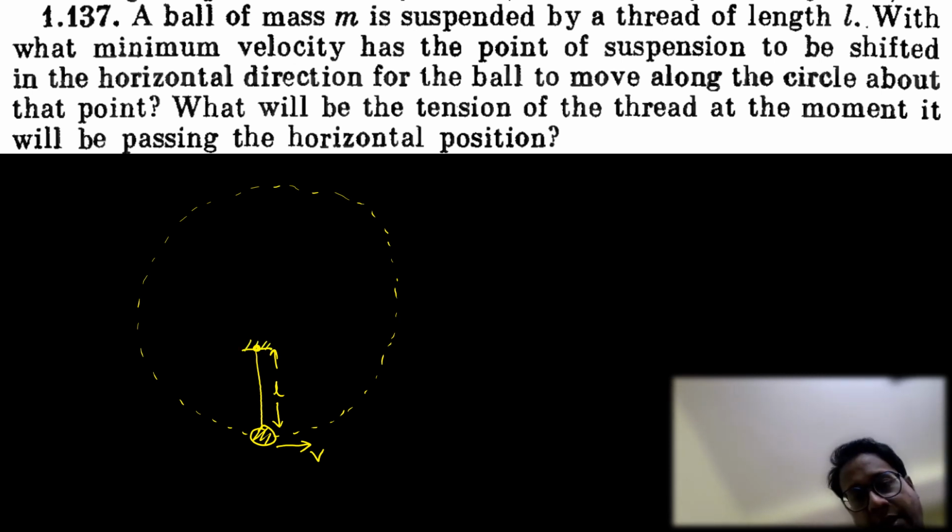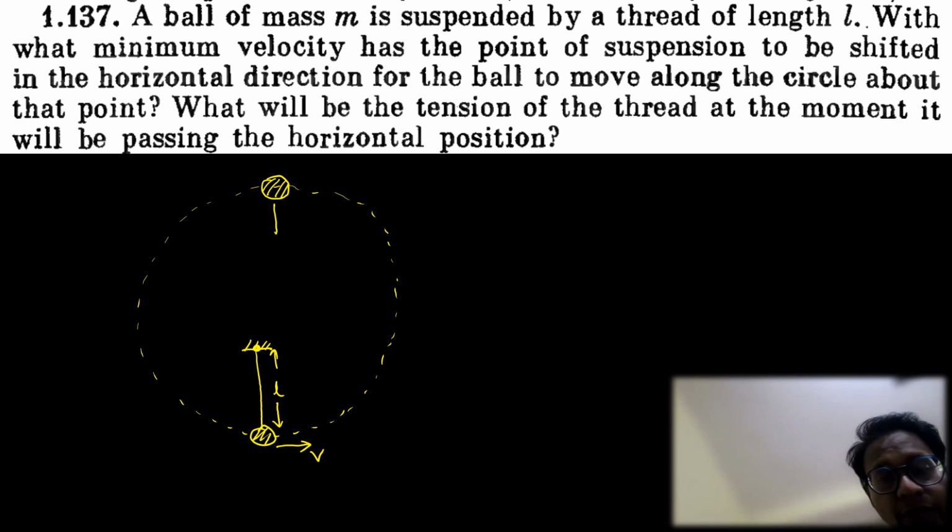Now see, for any object to complete a circular path, the minimum velocity should be given such that at the topmost point the connecting force is equal to 0. If it was kept on top of a rod, it would be the normal contact force; since it is connected by a string, here it is the tension force.